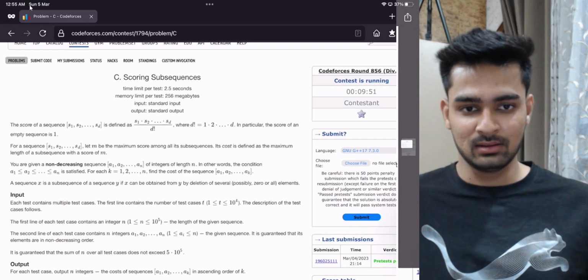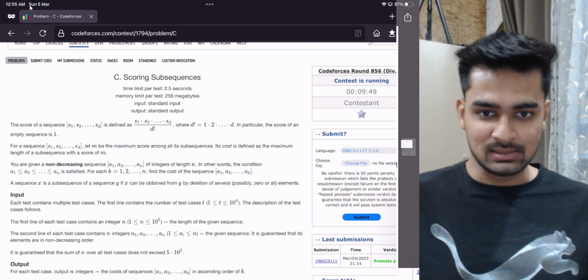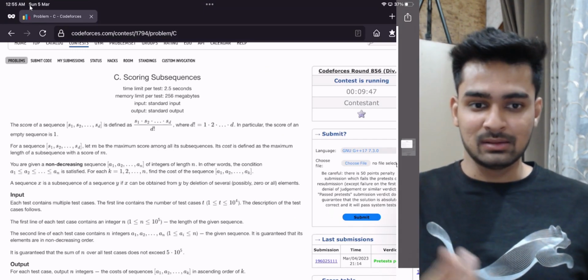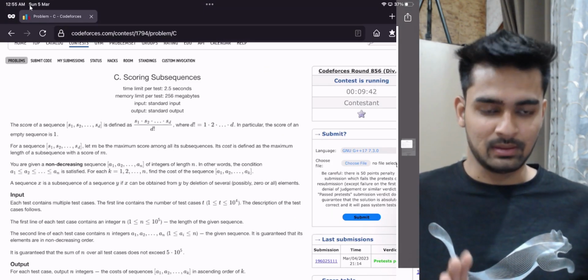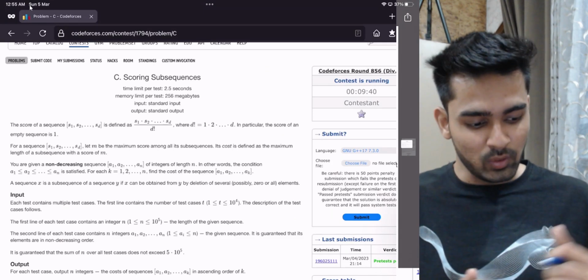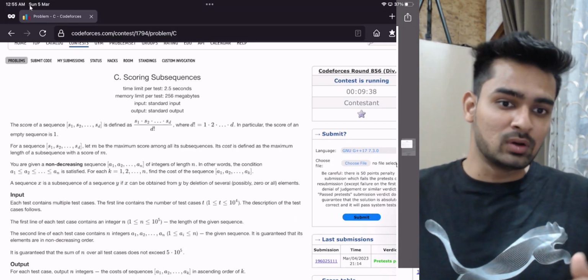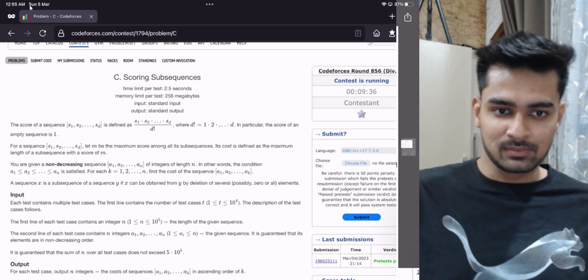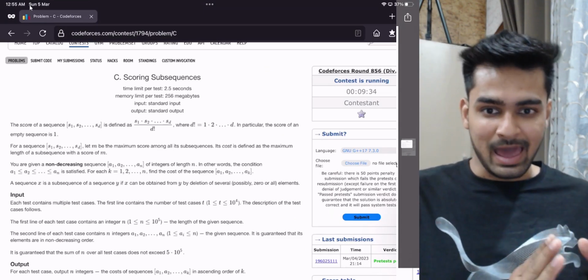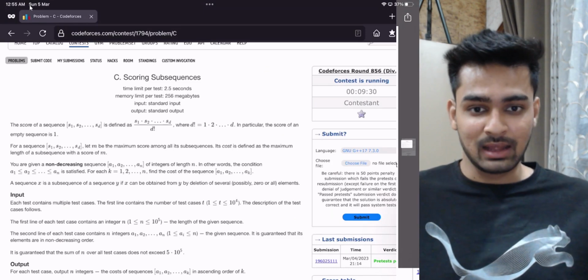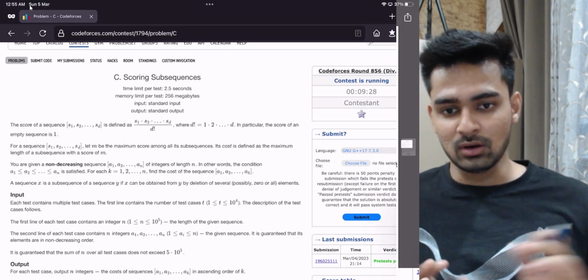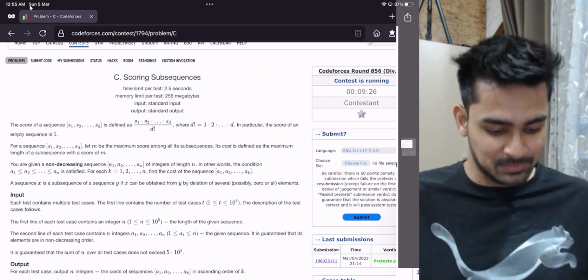So we need to consider every subsequence of A, B, C, and find the score of every subsequence. Whichever subsequence has the maximum score, the length of that subsequence is going to be the cost. I'll explain this again.